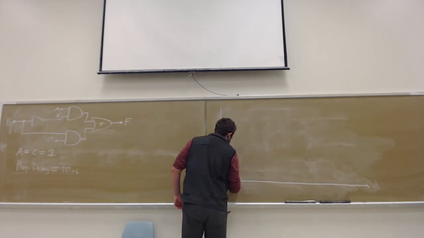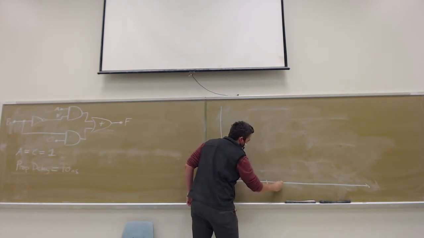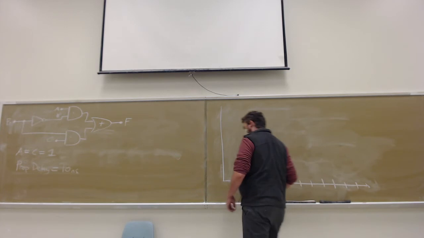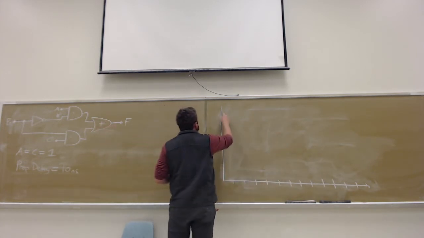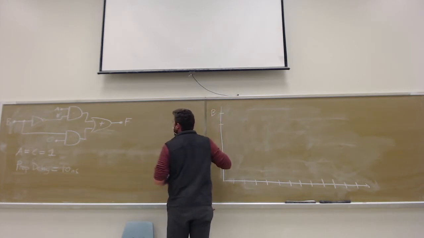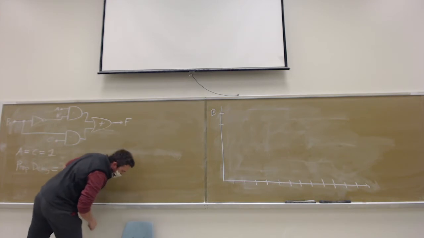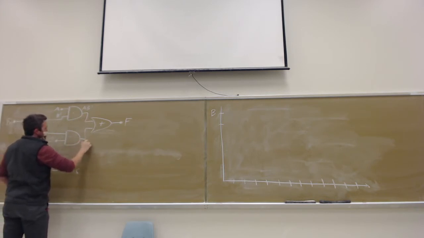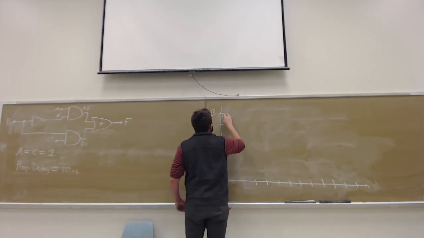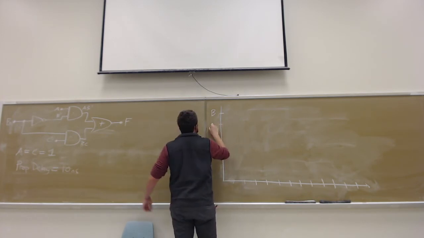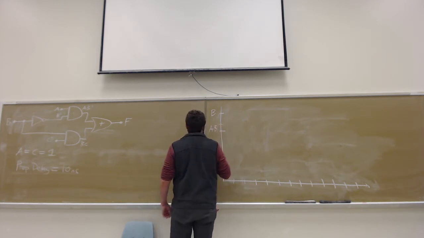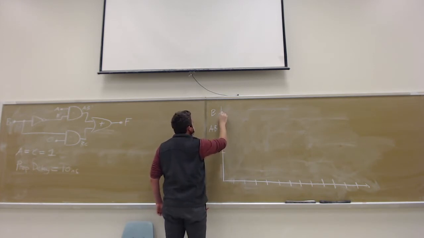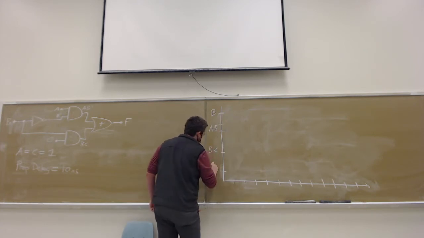So then we're just going to change B. We'll have B, and we'll have the output of A, B prime, and the output BC. I'll put A, B prime there, BC there, and then the final level output F right there.